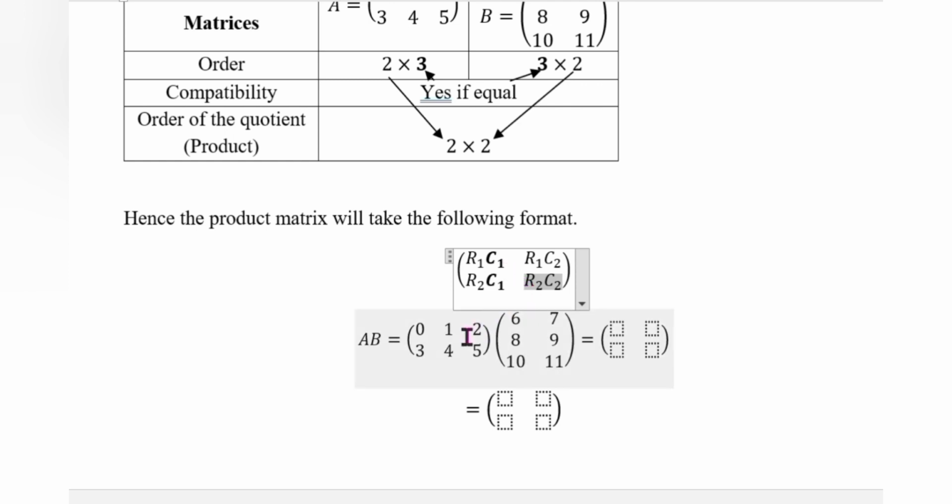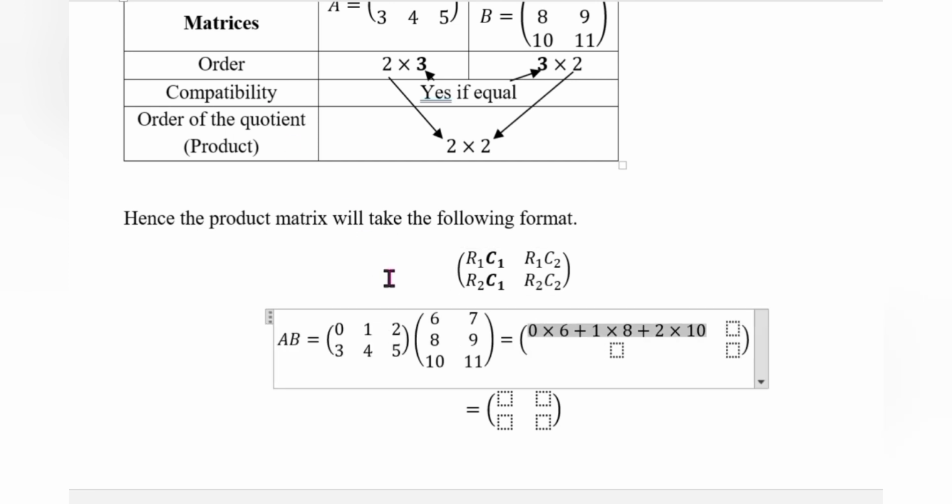So for us to multiply A and B, we write them as indicated here, and then this element, because it's in row 1, column 1, means we shall take the elements in row 1 in the first matrix times the elements in column 1 in the second matrix. So that's what we have done there. You can see we have 0 times 6 plus 1 times 8 plus 2 times 10.